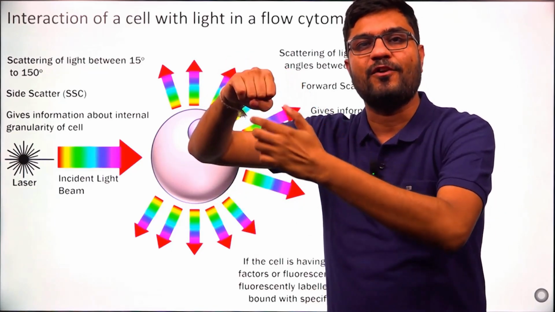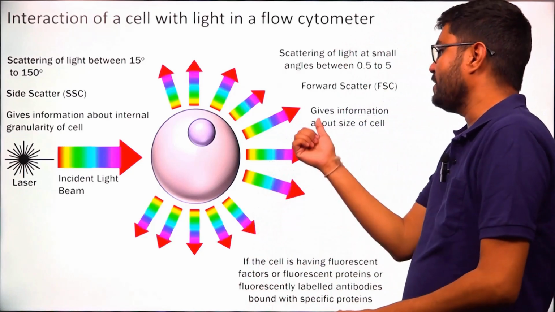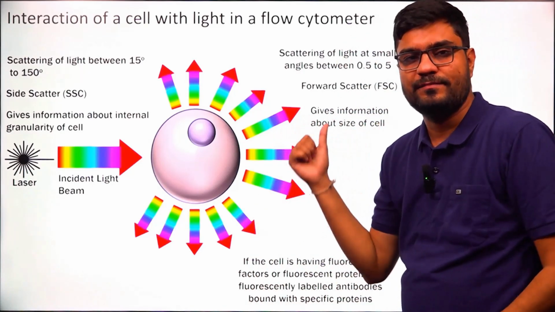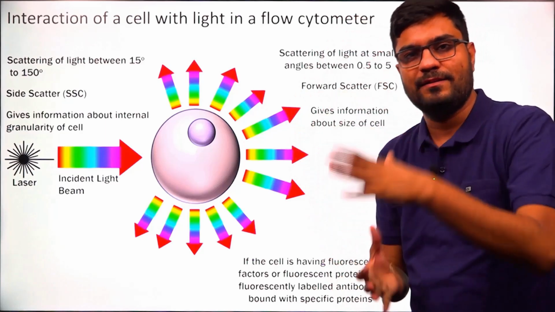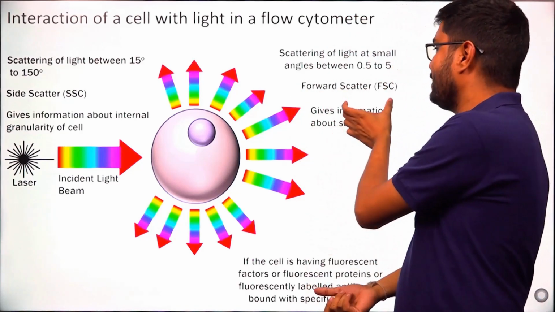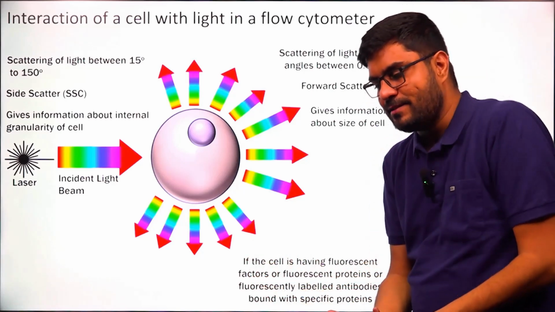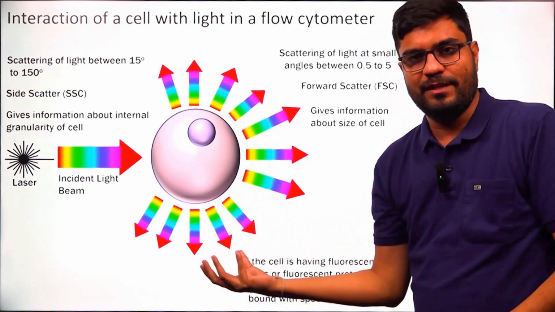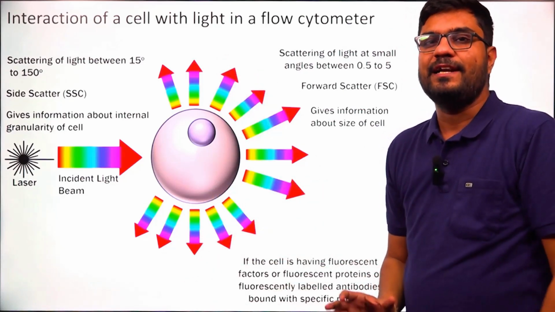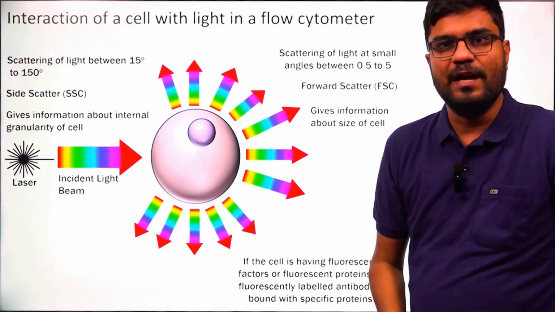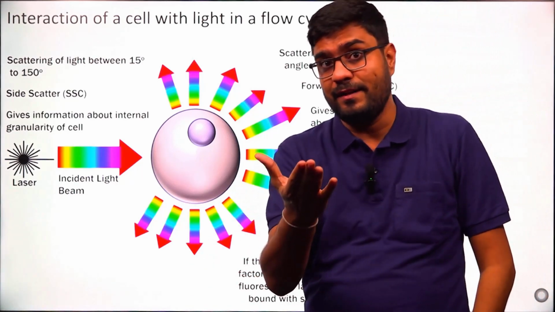Forward scatter gives us information about the size of the cell. If we have a bigger cell, the scattering will be higher, so the value of forward scatter, or FSC, will be higher. The FSC value for a particular event is the indicator of cell size: the bigger the cell, the higher the FSC.